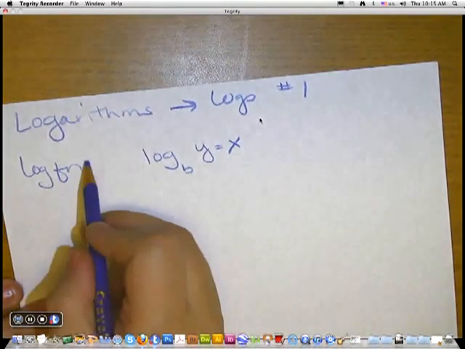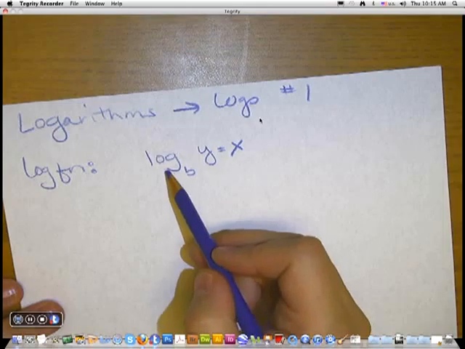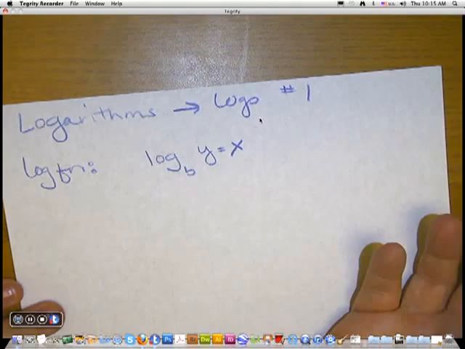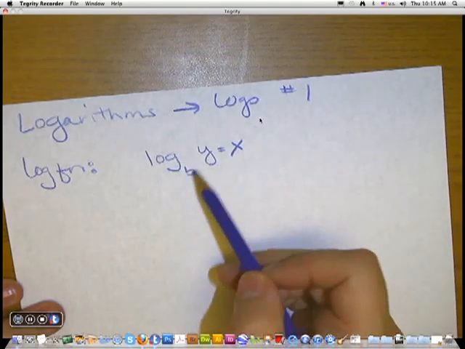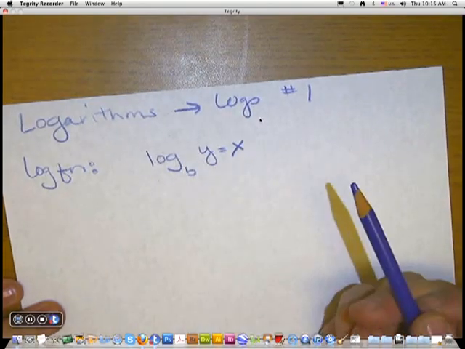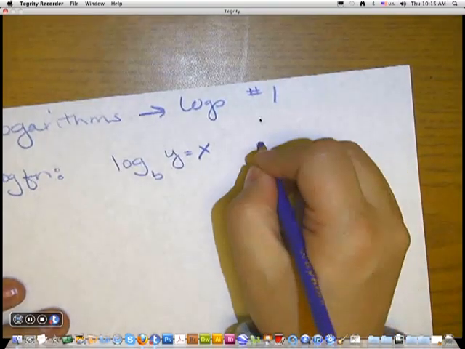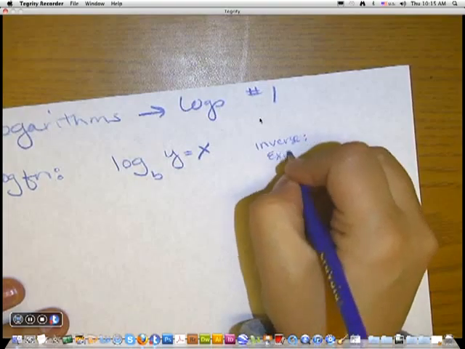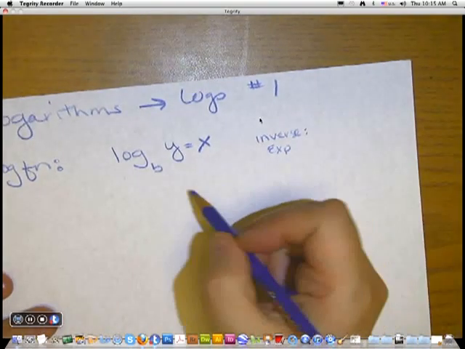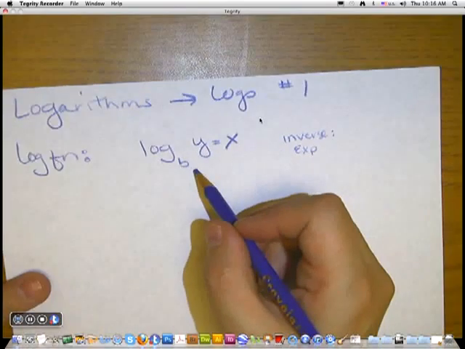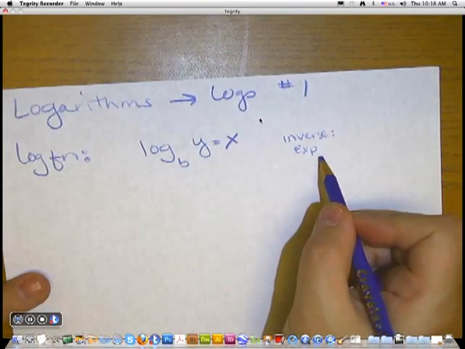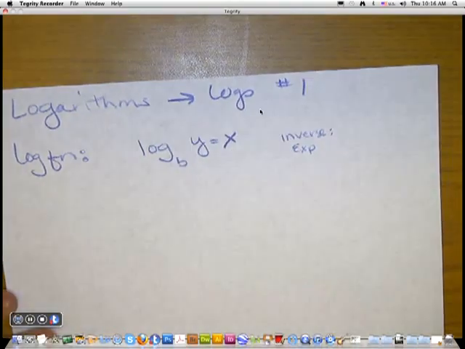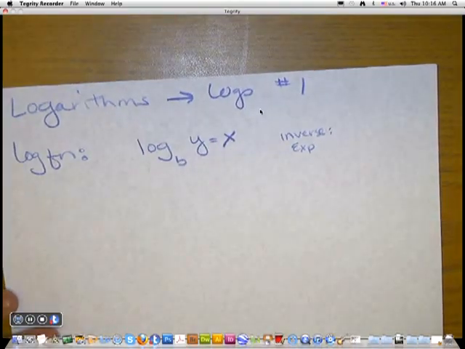So this is what a log function looks like. It's a log function because it has the word log in it. The log function is an inverse of the exponential. What that means is I can change a log to an exponent and an exponent to a log by a very slick transformation.